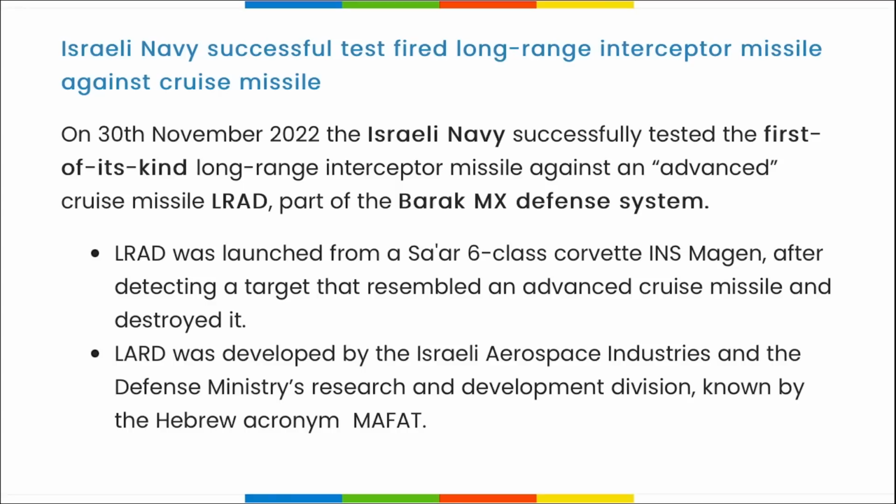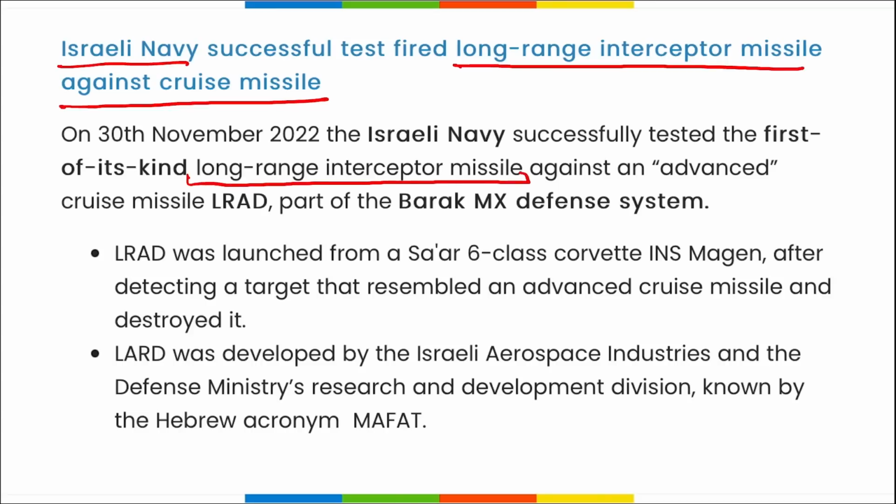Next, we are talking about Israel. Israeli Navy has recently successfully tested a long-range interceptor missile against a cruise missile. In a first of its kind, Israeli Navy recently successfully tested a long-range interceptor missile against an advanced cruise missile, LRAD, that is a part of the Barak MX defense system.